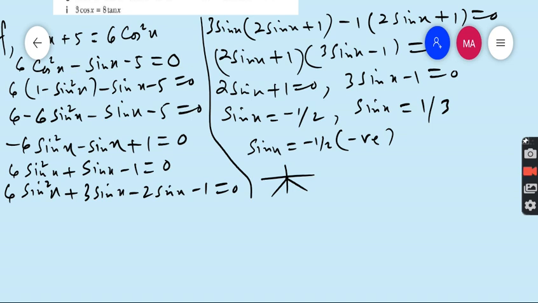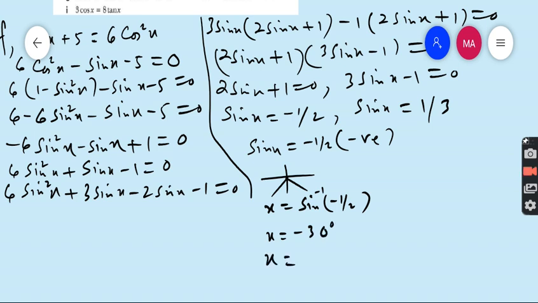Sin inverse of minus 1 upon 2 is x is equal to minus 30 degrees.